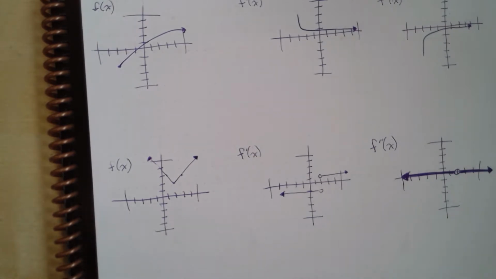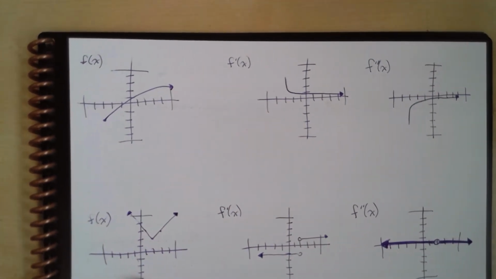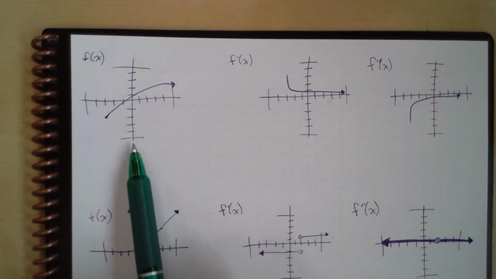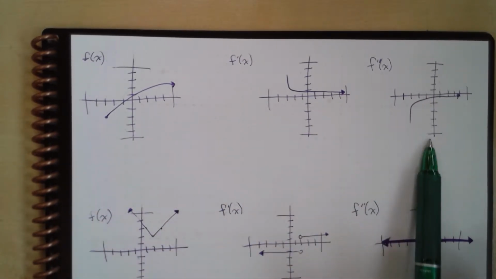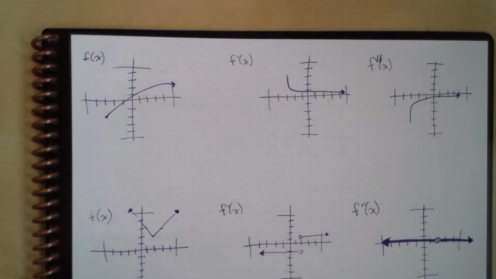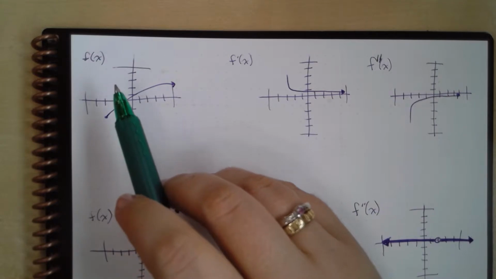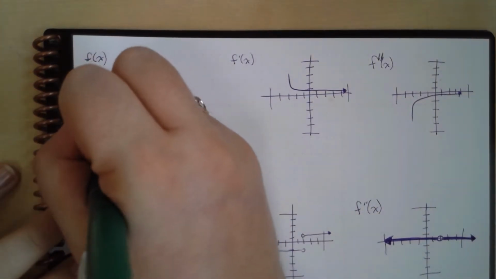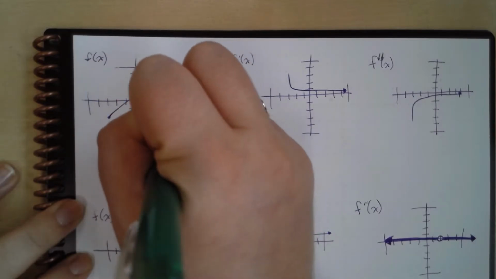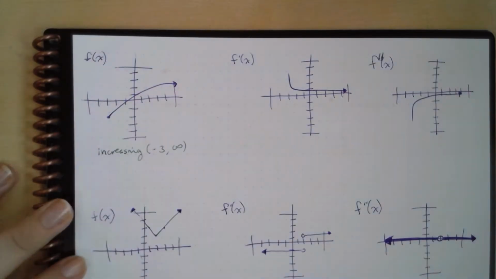So here we've got, can you see all of this in the frame? Yes, I think you can. Here we've got f of x, f prime of x, f double prime of x. This might be hard to read, but it is f double prime of x. So f of x looks like it's increasing from -3 to infinity.